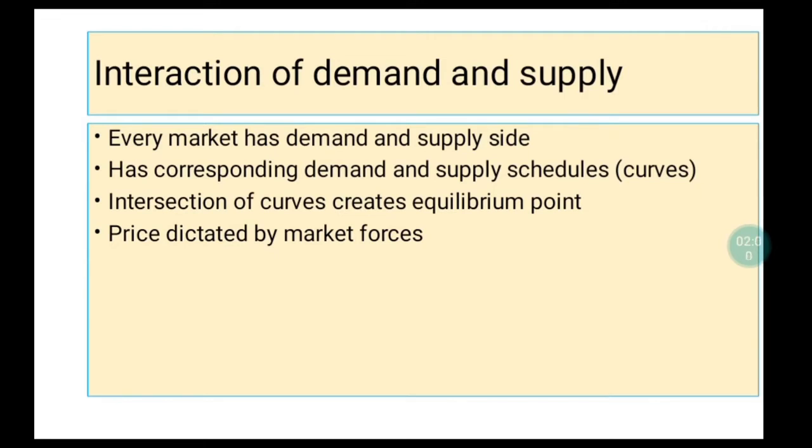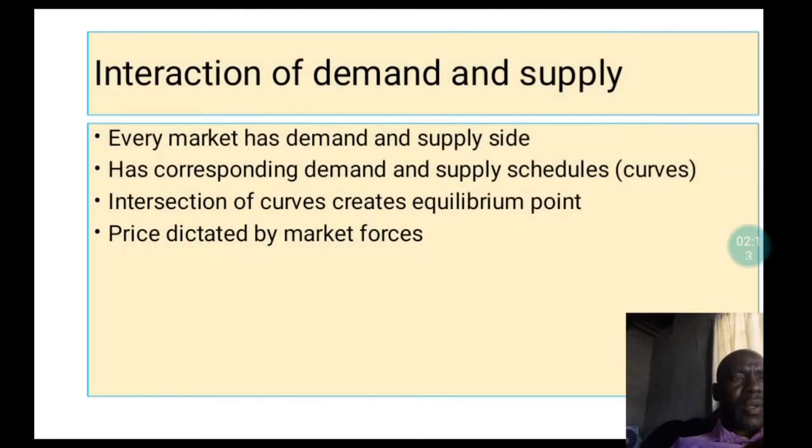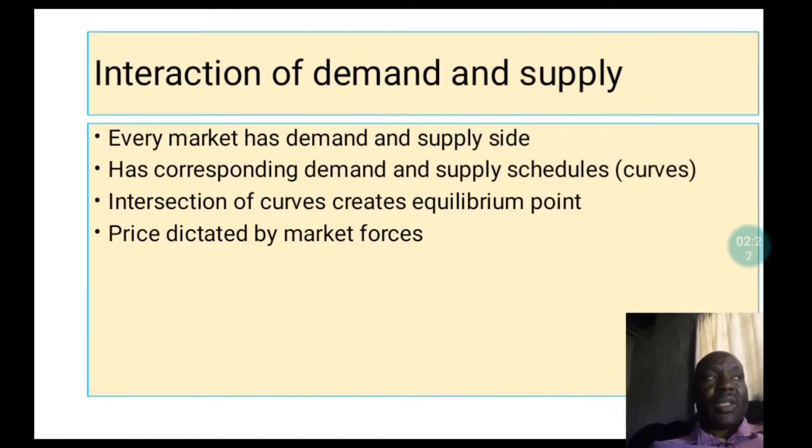Okay, let's look at the interaction of demand and supply. It's important that we understand that every market has the demand and the supply side. And these demand and supply sides have corresponding demand and supply schedules.